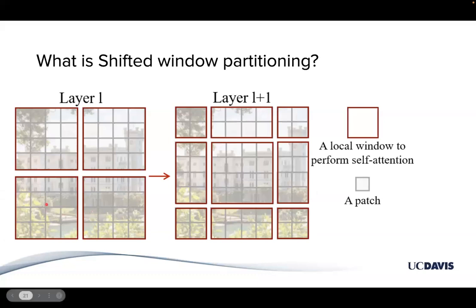In this left layer L, a regular window partitioning scheme is adopted, and self-attention is computed within each window. But in the next layer, layer L+1, the window partitioning is shifted, resulting in new windows. The main reason for doing this is so that self-attention computation in the new windows crosses the boundaries of the previous windows in layer L.